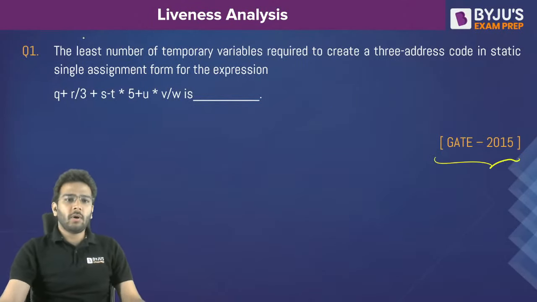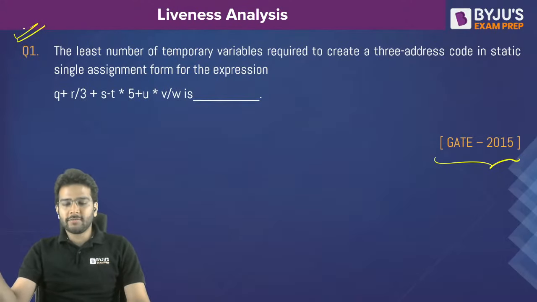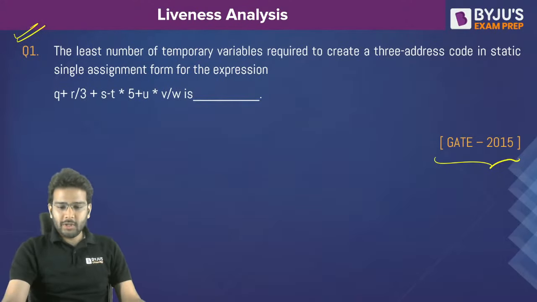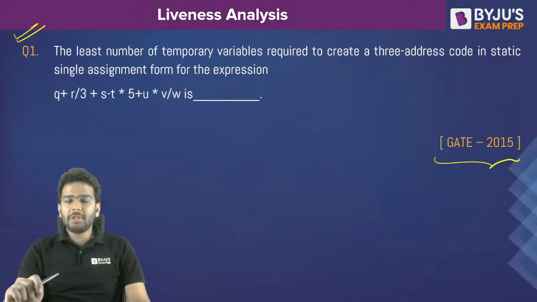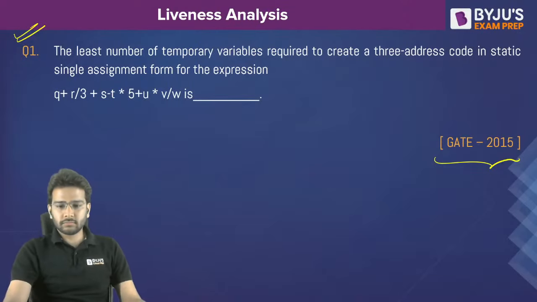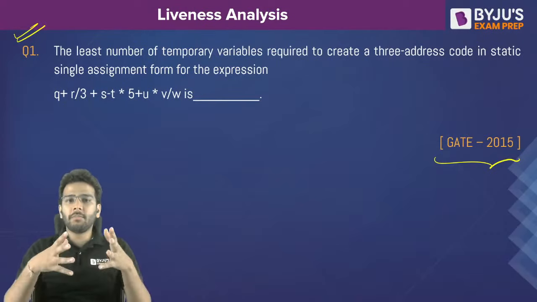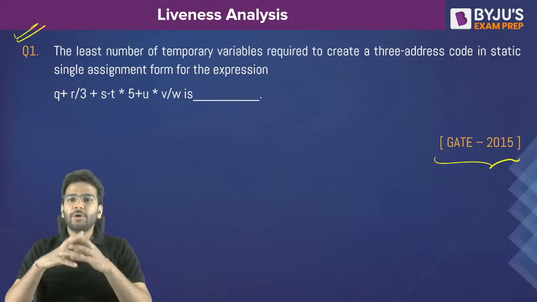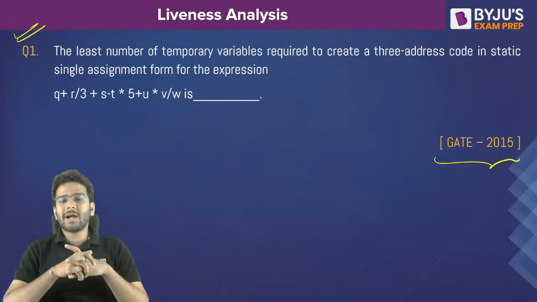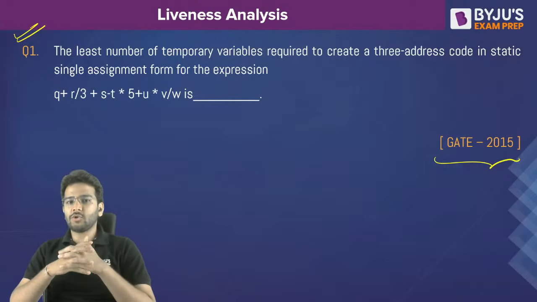I hope all of you who attended the previous class have solved that question. Very good evening, Vishal. Very good evening, all of you. What should be the answer for this question? I gave you two questions in the homework. This is a numerical answer type question, and you need to find the minimum number of temporary variables required to create three-address code in static single assignment form for the given expression.